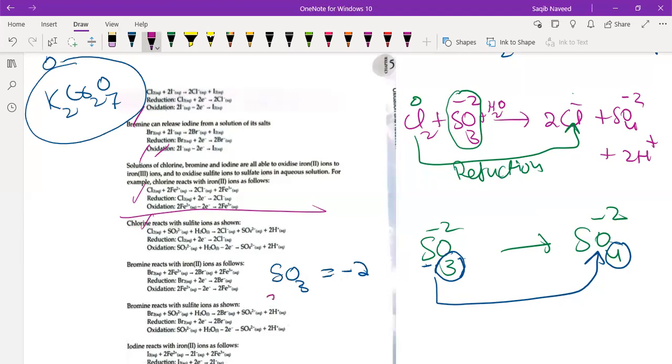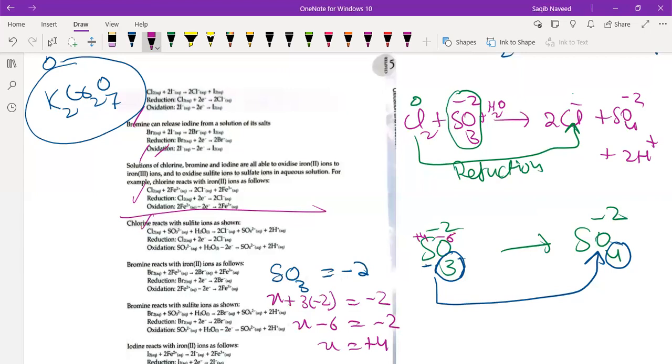We don't know the charge of sulfur, but we know the charge of oxygen, and the total value is -2. In this way I can find the charge of sulfur, and that would be +4. So here sulfur is +4 and oxygen is -6, and we get -2.